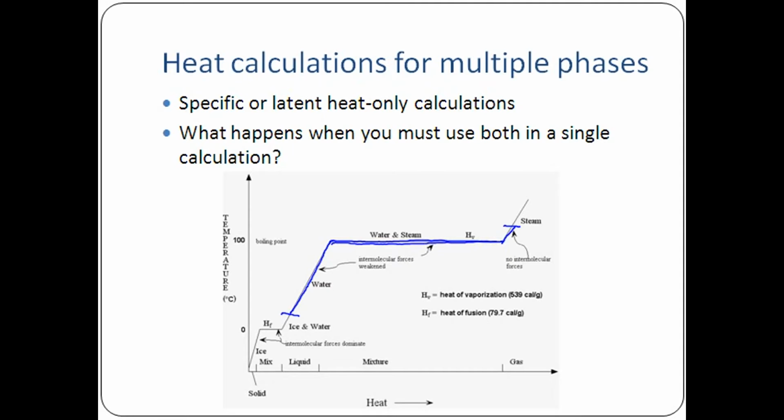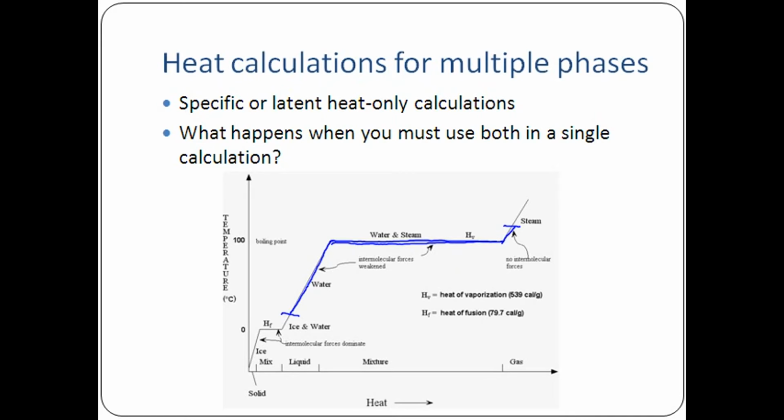As well, if you use Q equals Cm delta T, do you use the C for water or the C for steam? They're two different C's. For liquid water it's 1, versus steam is 0.48. And so what you've got to do instead of setting this up as one calculation is break this down into 3 parts.